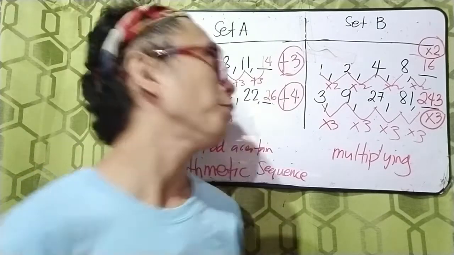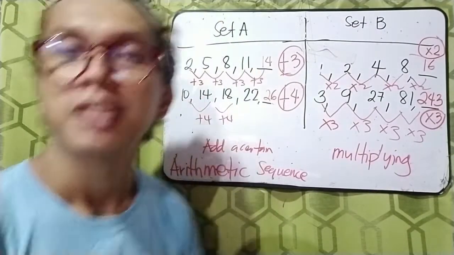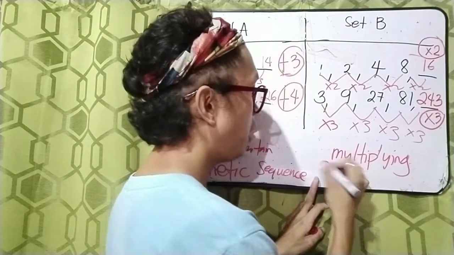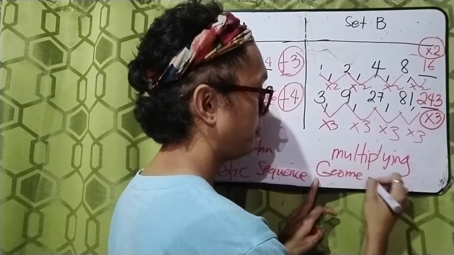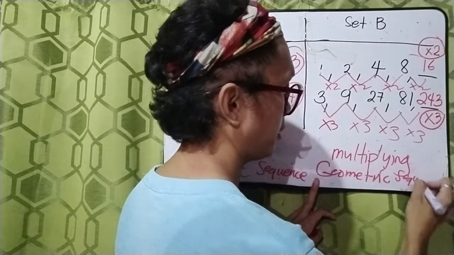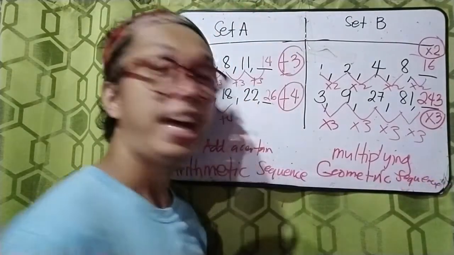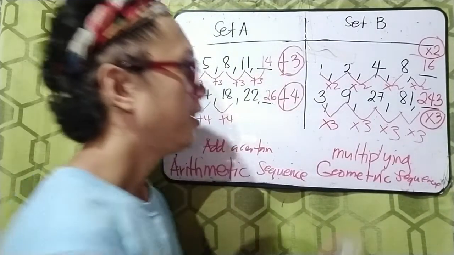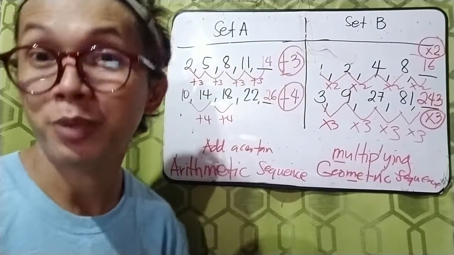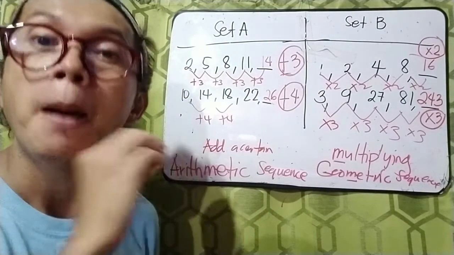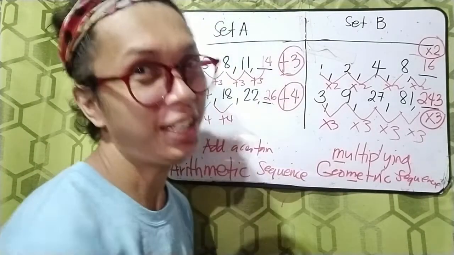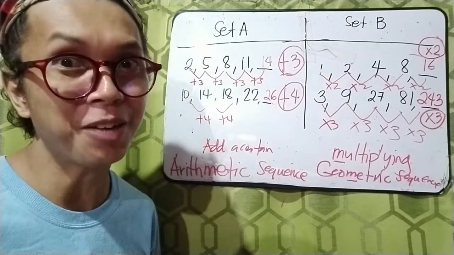Now let's go to set B. In set B, it is multiplying and we call it geometric sequence. To remember, geometric has the letter M and the rule, multiplying, also starts with letter M. By multiplying to get the next term.